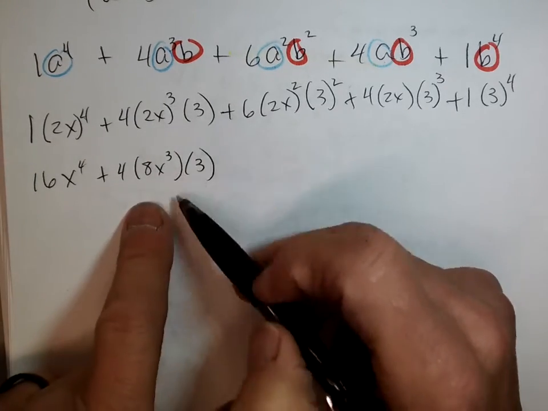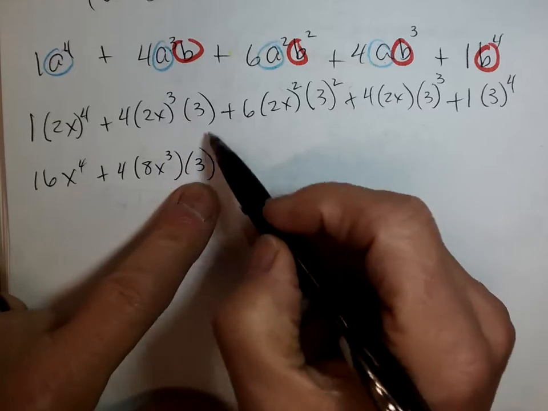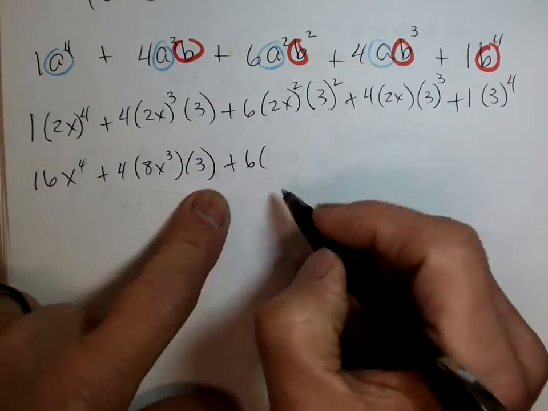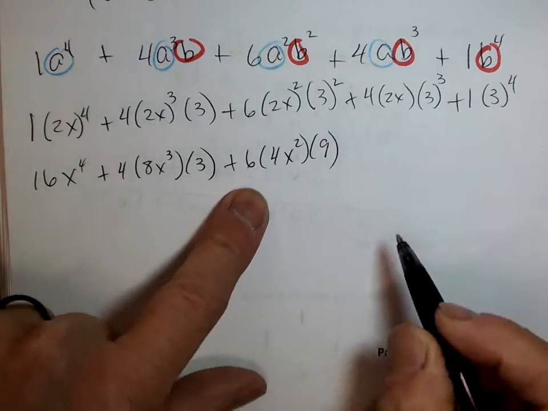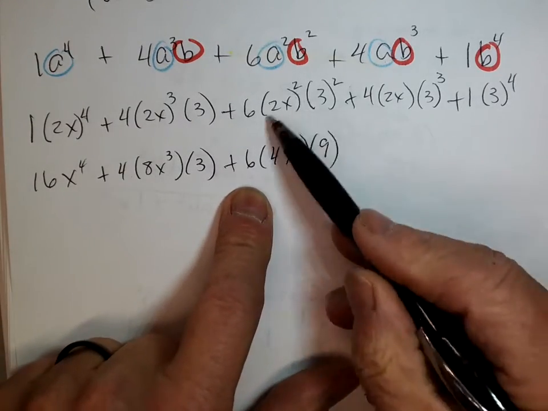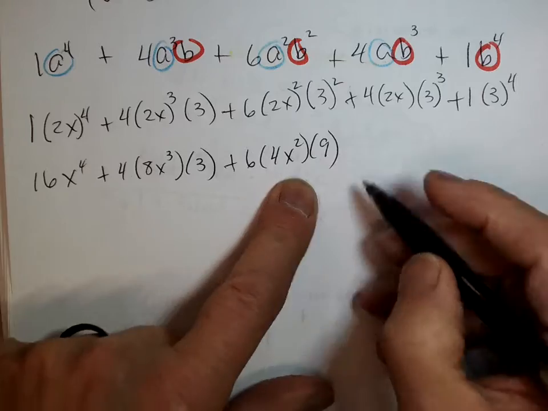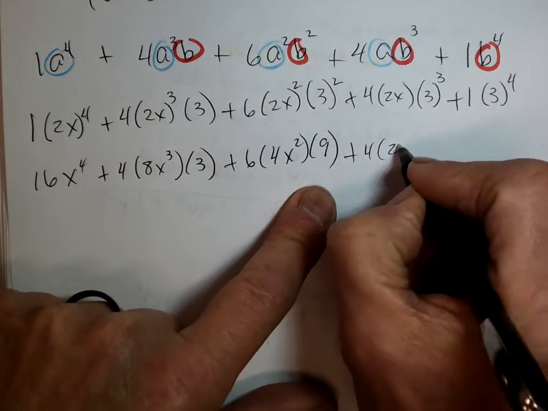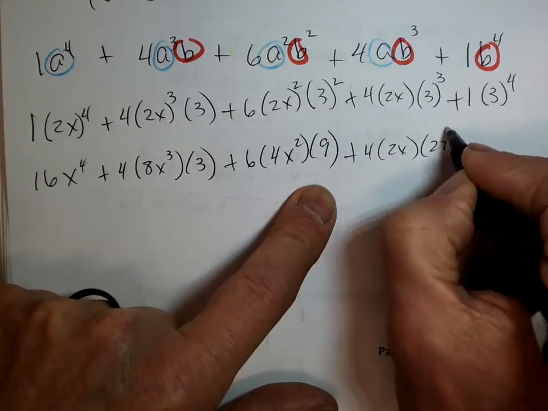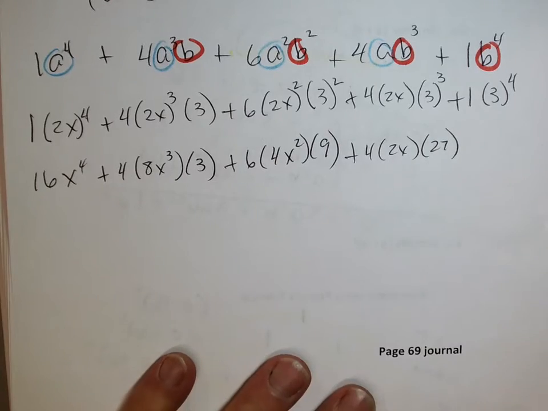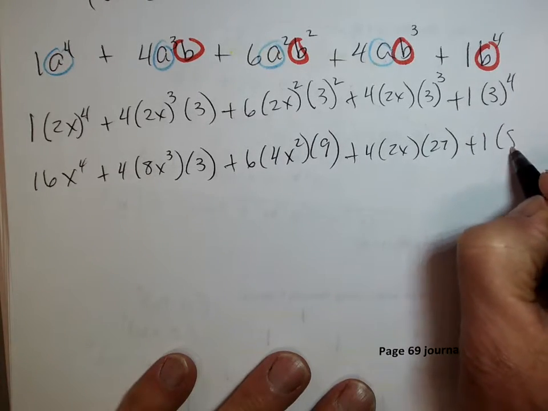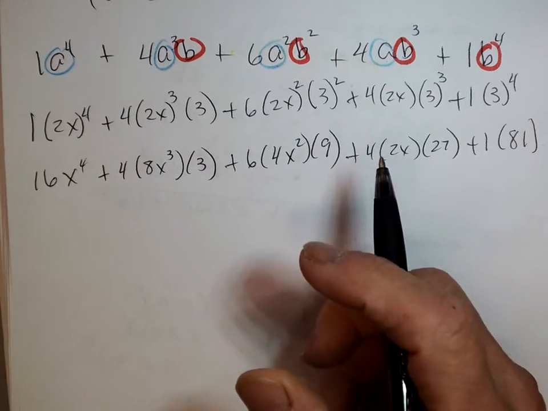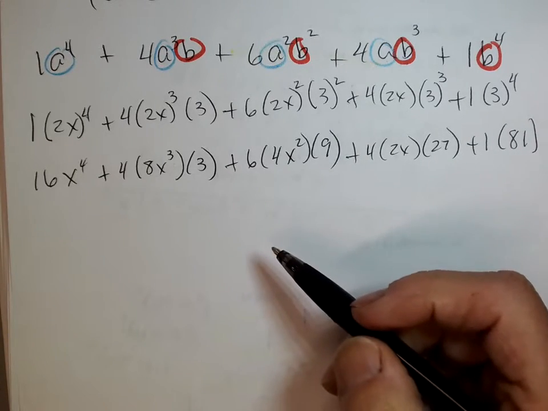So I've got my 8x cubed times 3, plus 6 times 4x squared times 9, plus 4 times 2x times 27, plus 1 times 81, because that's 3 times 3 times 3 times 3.